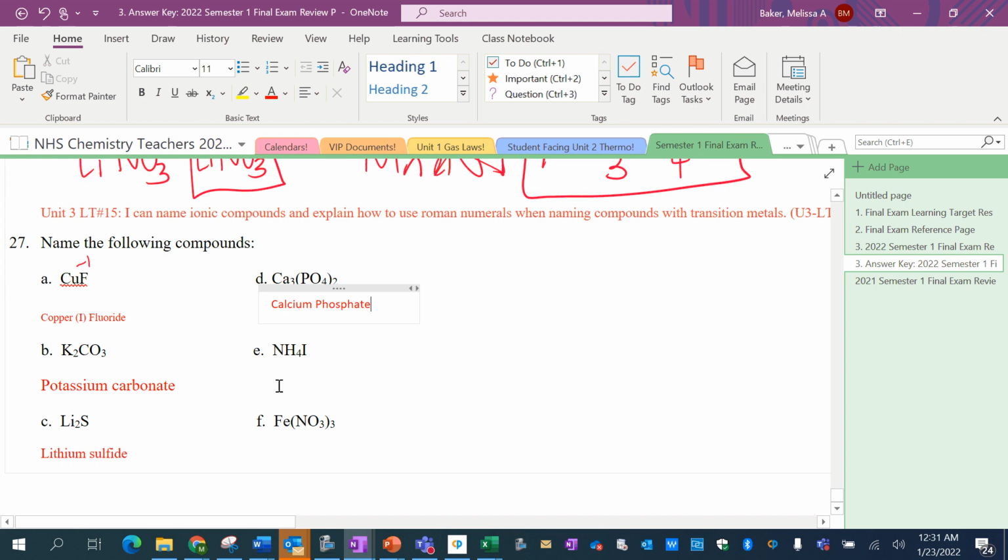This is one of the 6 polyatomic ions. NH4, also one of the 6, ammonium iodide. And nitrate is always a -1 charge. So if iron is canceling out 3 of them, that must mean this must be iron 3 nitrate. There you go.